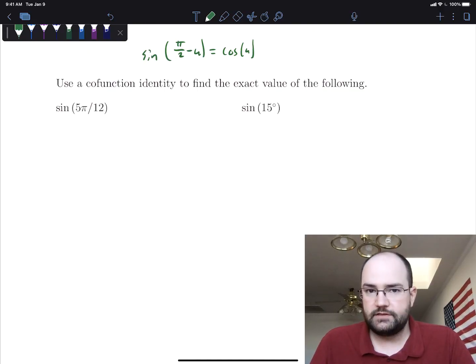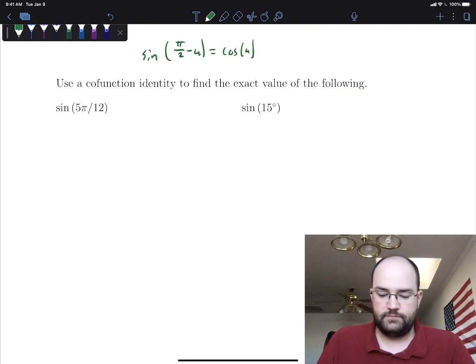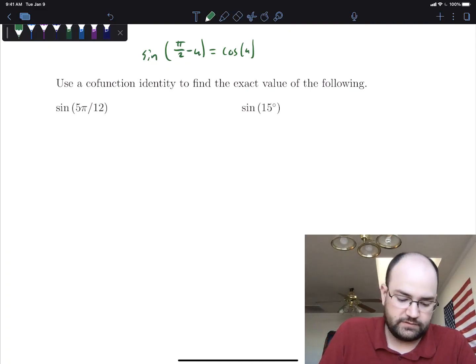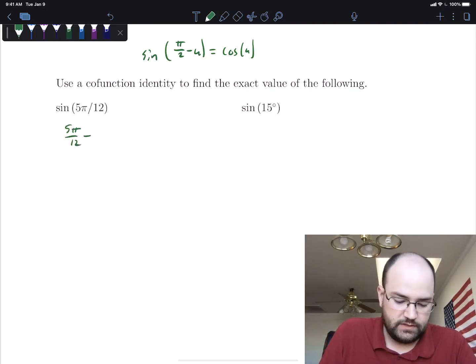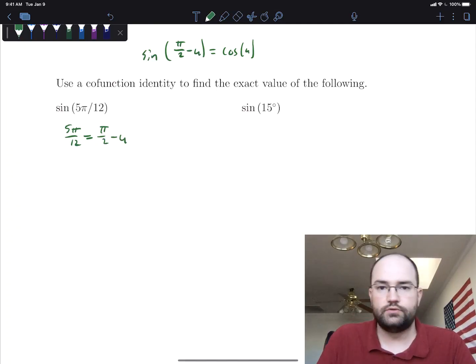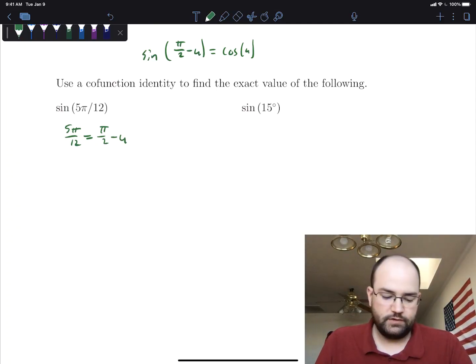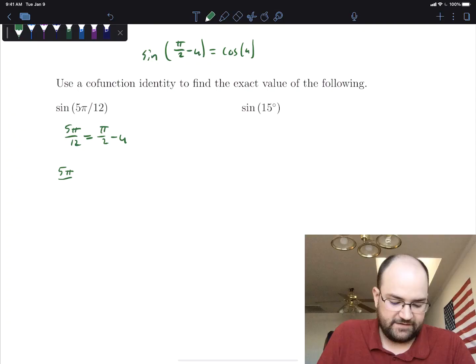Now, I can write 5 pi over 12 as pi over 2 minus u. If I want to solve for u, I can add u to both sides, so 5 pi over 12 plus u is equal to pi over 2.